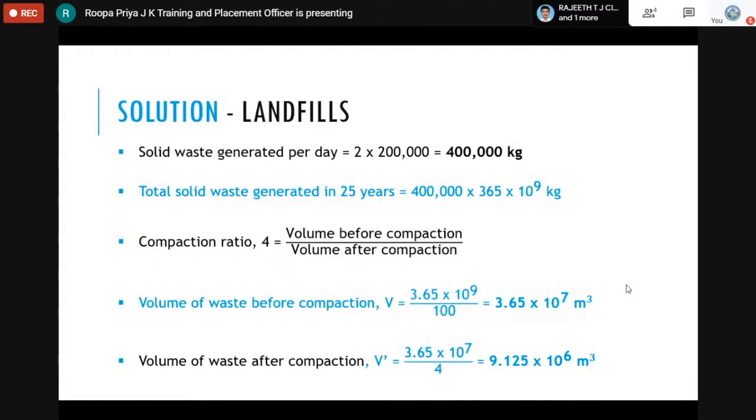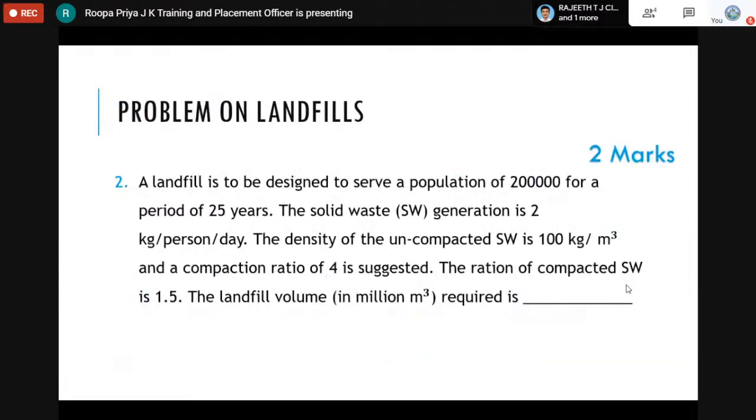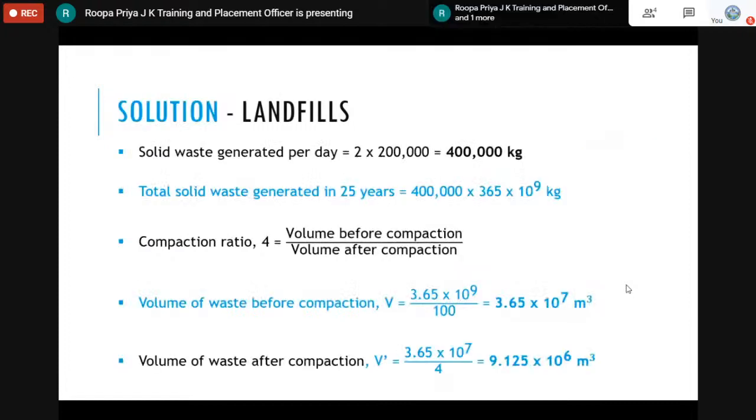Now we have the numerator value, that is volume before compaction. Now we have to compute the volume after compaction. Here, in the problem, it says the density of the uncompacted solid waste is 100 kg per meter cube, and the compaction ratio of 4 is suggested. So that's why we have considered this 4 here. So volume of the waste after compaction will be equal to this 3.65 into 10 to the power of 7 divided by 4, which will be equal to 9.125 into 10 to the power of 6 meter cube.